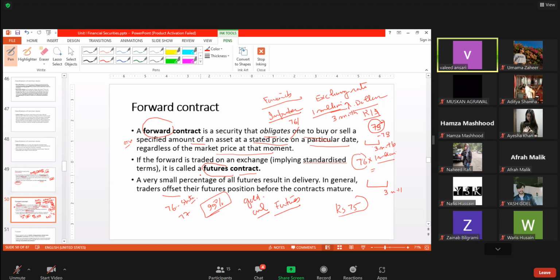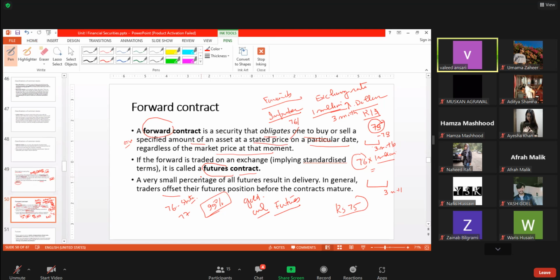The difference is paid and the contract is closed there. Those who have opted for international finance will study forwards, futures, and exchange in more detail. Especially our focus is on exchange rate, but this is the gist.